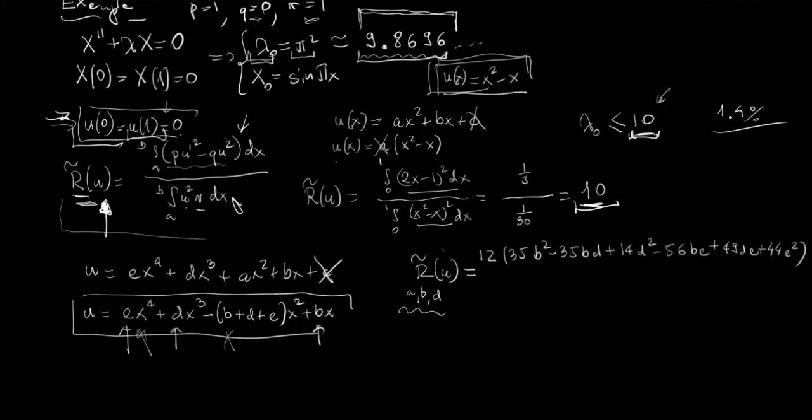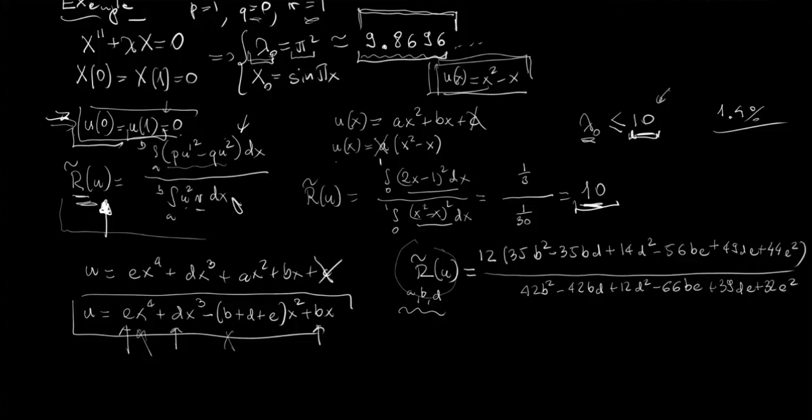It is quite a nasty story, but let's write it in its full beauty. Okay, and now we know that lambda 0 is always smaller than this number. So now let's look at when this number will be the smallest.